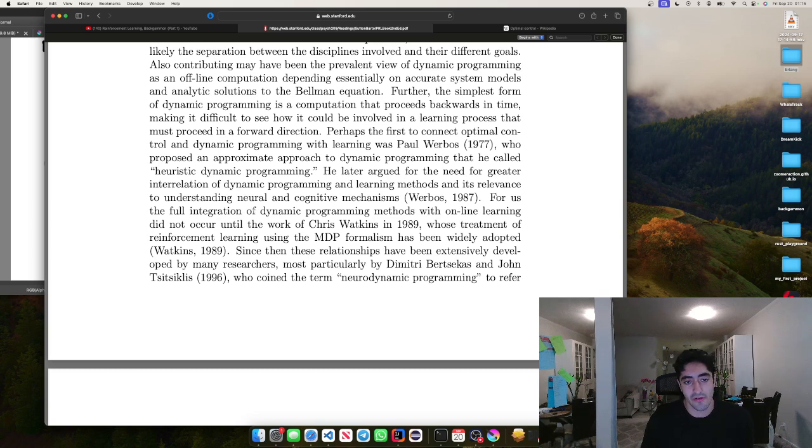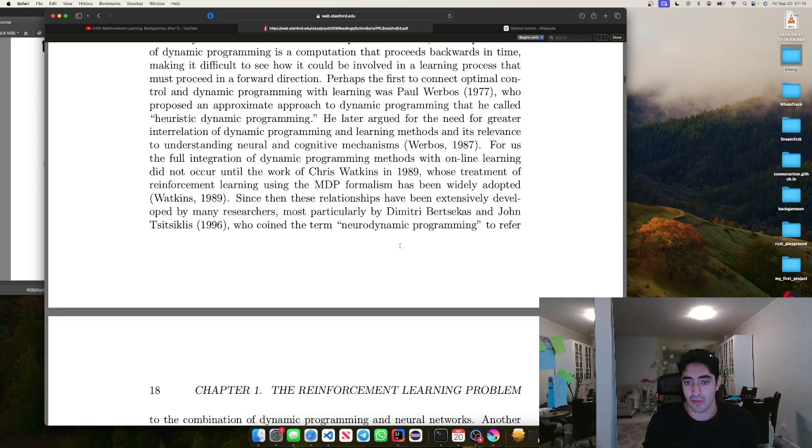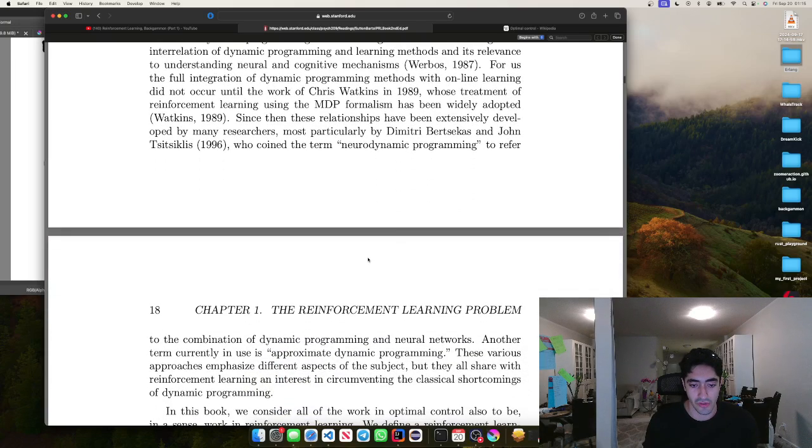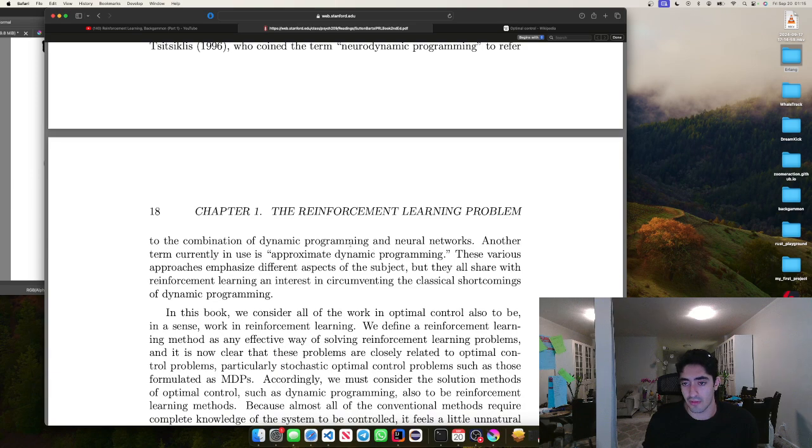For us, the full integration of dynamic programming methods with online learning did not occur until the work of Chris Watkins in 1989, whose treatment of reinforcement learning using the MDP formalism has been widely adopted. Since then, these relationships have been extensively developed by many researchers, most particularly by Dimitri Bertsekas and John Tsitsiklis, who coined the term neurodynamic programming to refer to the combination of dynamic programming and neural networks.